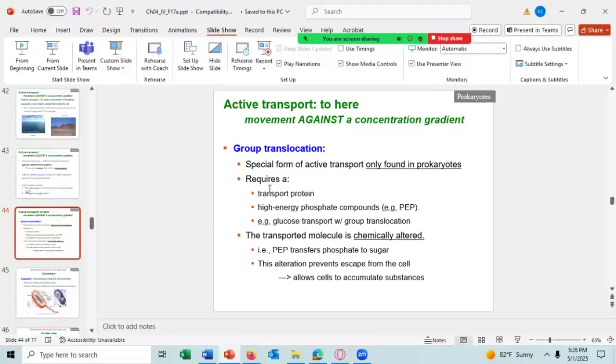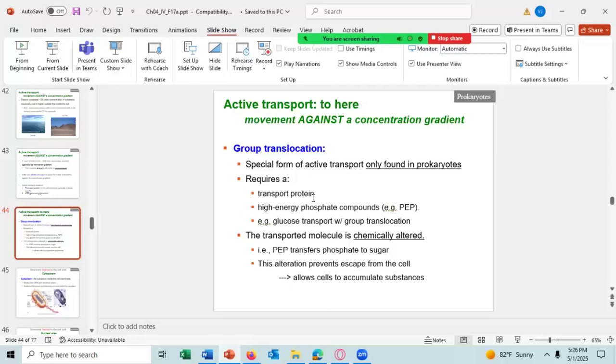It does require the cell to spend energy, but the cell usually doesn't use ATP in group translocation. It uses a high energy phosphate compound that's called PEP. You don't really need to know PEP, but you have to use a high energy phosphate compound, which will be used up, meaning broken down, to move the molecule against its concentration gradient.